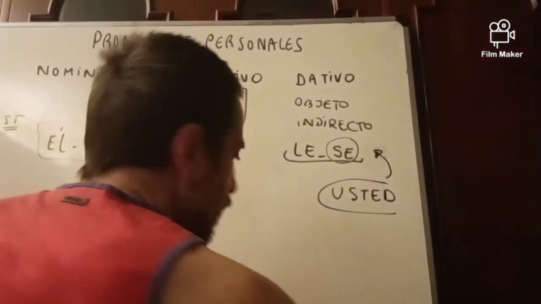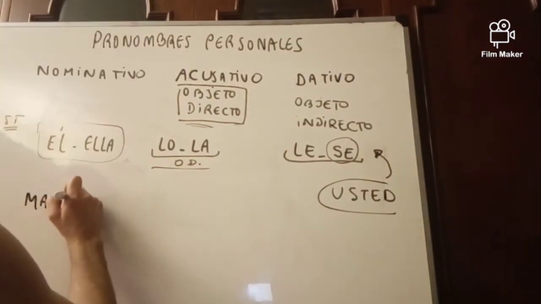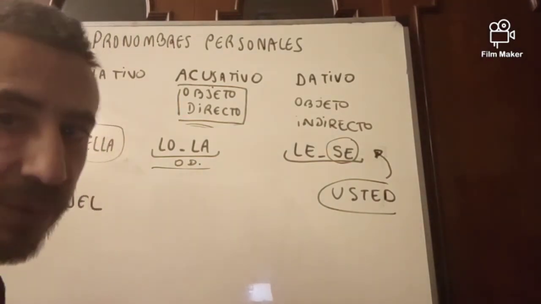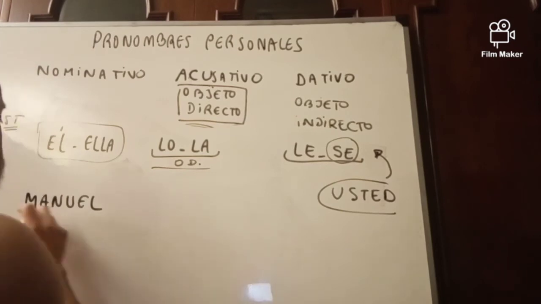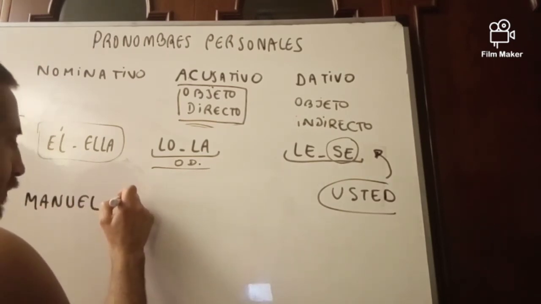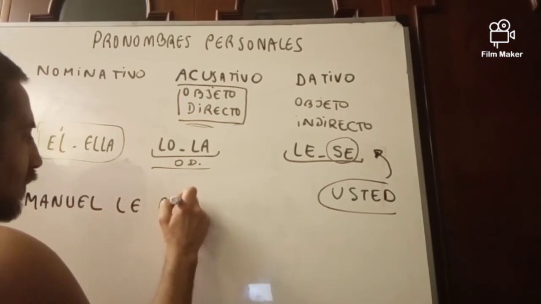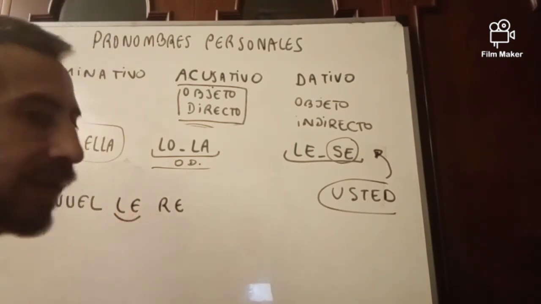Let's see examples with the indirect object. It's a Spanish name. Well, like the actor Manuel Banderas. No, Antonio Banderas, sorry. Manuel, well, because of our duplication, the pronoun will already be here.